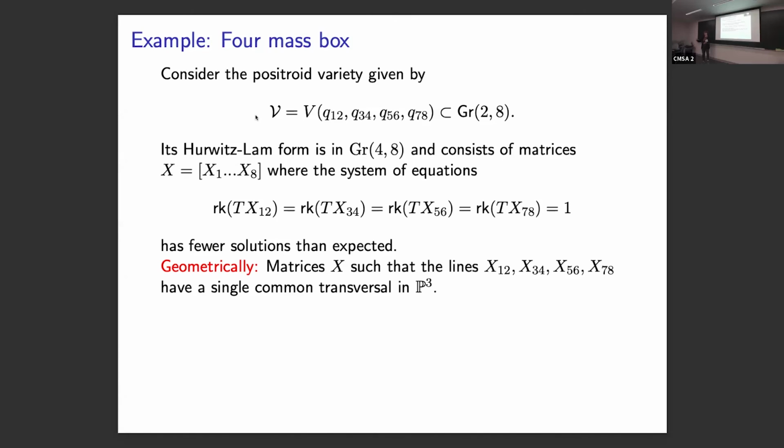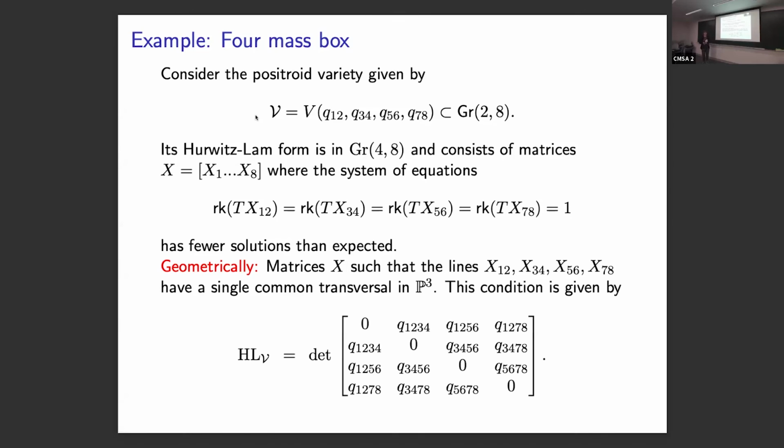How many lines are there that meet all 4 lines? The first thing you learn in Schubert calculus is that it's 2. But here I'm asking for the matrices where it's 1.